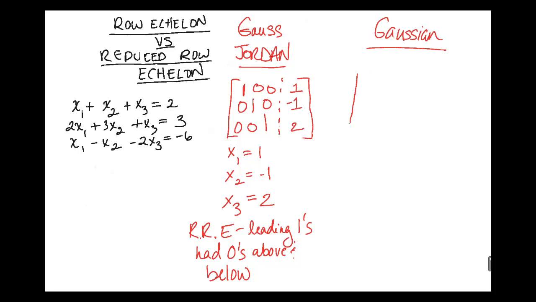And in row echelon form, we have numbers above the leading ones, but zeros below. So in this case, if you were to do your row operations, this is what you should get.